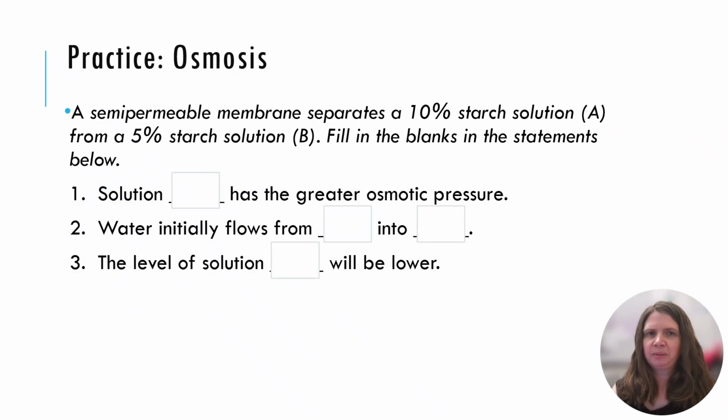Here is a practice problem. A semi-permeable membrane separates a 10% starch solution, A, from a 5% starch solution, B. Let's draw a picture to help us see what's going on.